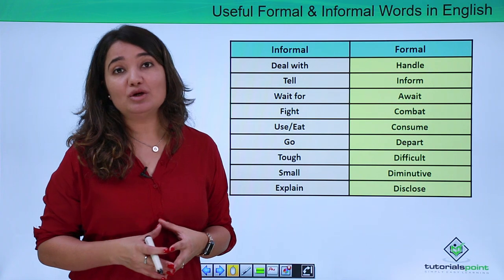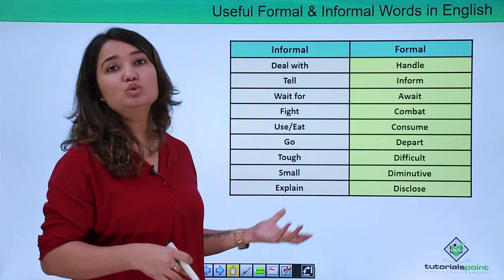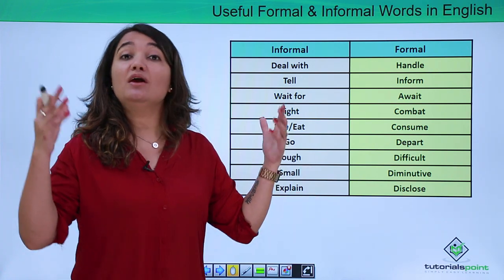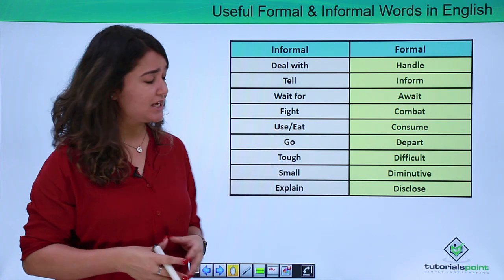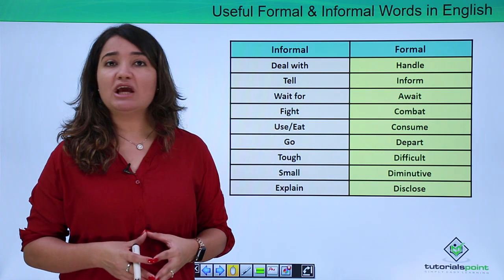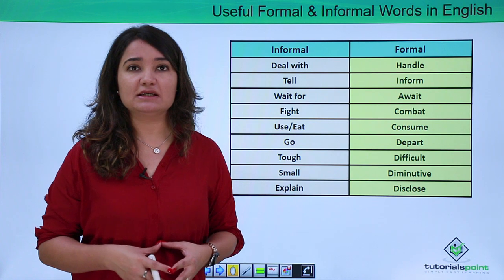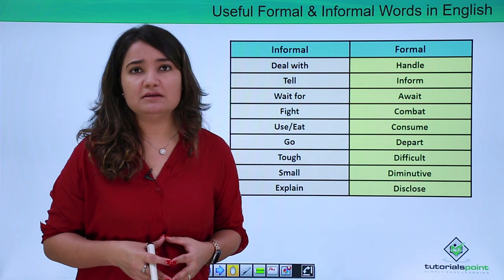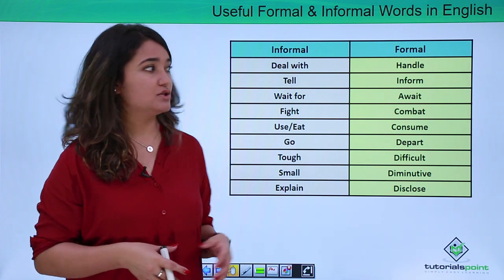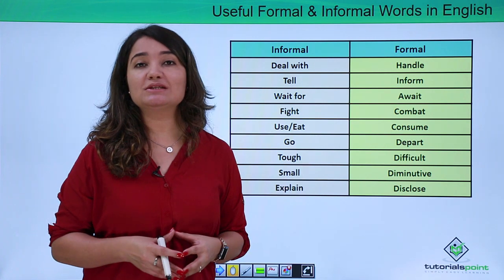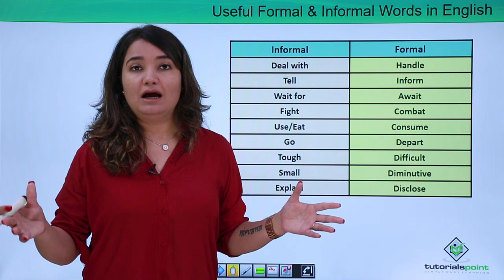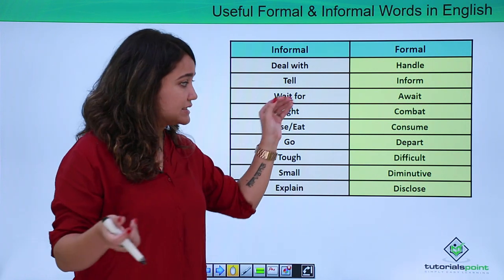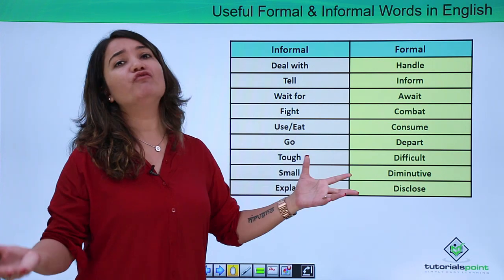Again, it depends on the context. Both can be used in different contexts, but they could also be used in similar contexts. For example, she happened to explain to me the details, or she happened to explain the insiders, and that gave me a better insight. So she happened to disclose the insiders, which is why I got a clear picture, right? So disclose is again more formal.